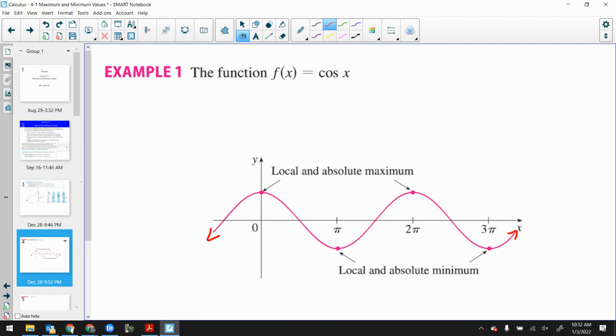So if I wanted to define what the local and absolute maximum and minimum values are, here's how we would write it. We would say the local and absolute maximum.